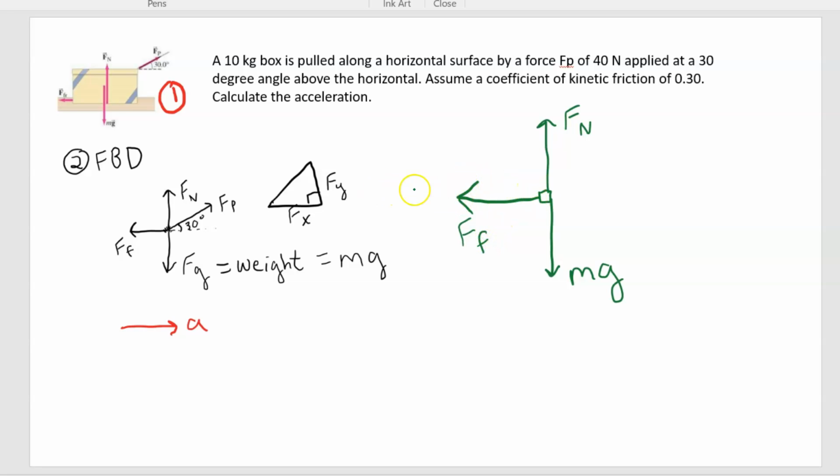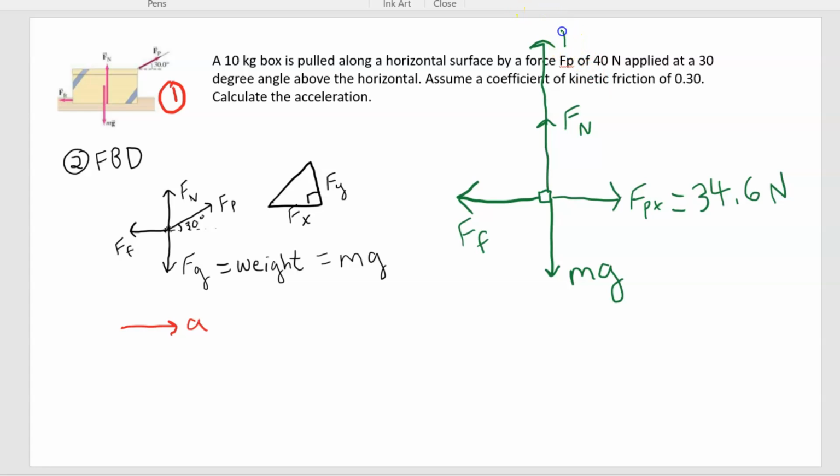And then we had these lovely components that we came up with. So our component in the x direction of our applied force, which we kind of wrote to be Fpx, well, we calculated that, and that turned out to be 34.6. We also calculated a component in the y direction, and this is going to get a little messy, but sometimes I draw that just by drawing it right on top to show that these two would add together in the positive y direction.